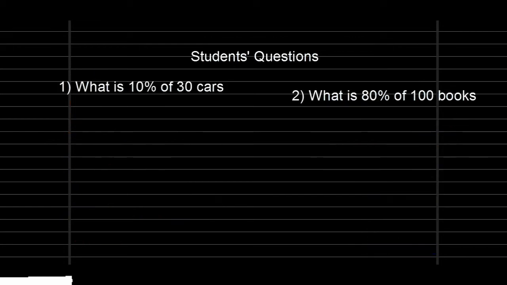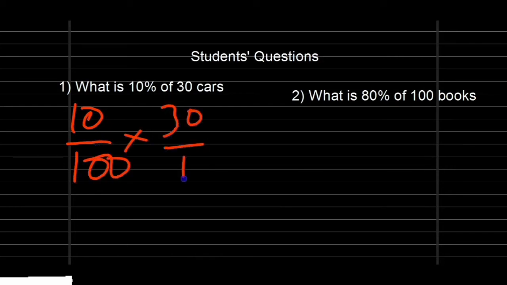Great. Now let's try this question, student question. What is 10% of 30 cars? And then the second one, what is 80% of 100 books? So let's work. I'll help you to work the first one. 10 over 100 times 30 over 1.